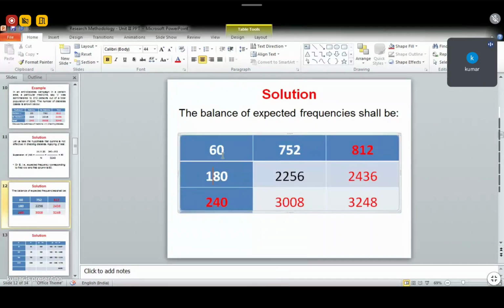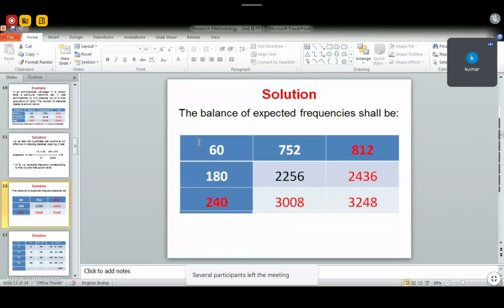So now you can see the values of expected frequency on the screen. Total remains the same. Total should not be changed. The values inside the cells should be changed. So that you get 60, 752, 180, 2256. Like that you get the answer for this.